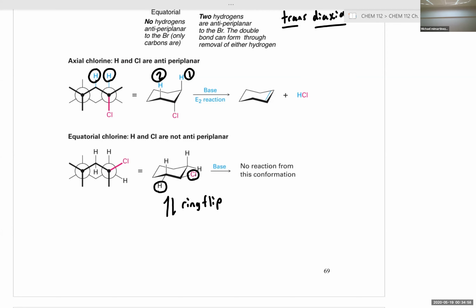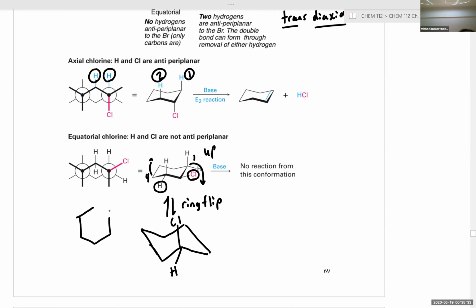Okay. However, after a ring flip, and this is why these problems love to show up on exams, because they encapsulate the idea of ring flips, axial arrangements, equatorial arrangements. After a ring flip, carbon 4 goes up, carbon 1 goes down. This chlorine ends up in the axial position, because notice this chlorine is up.